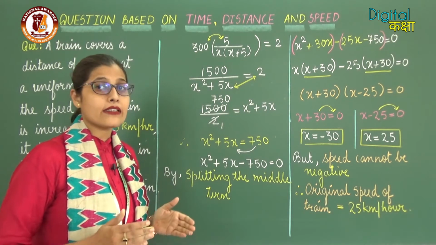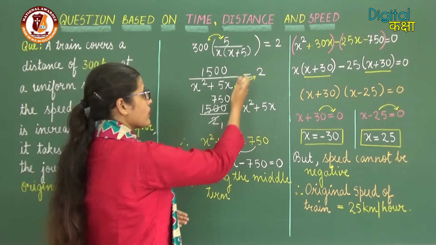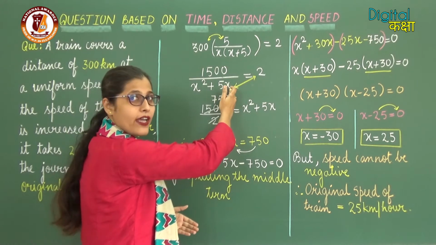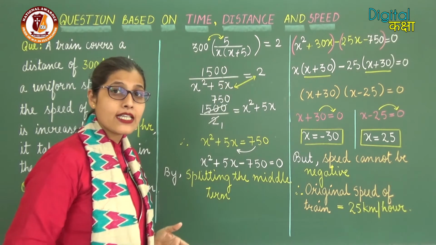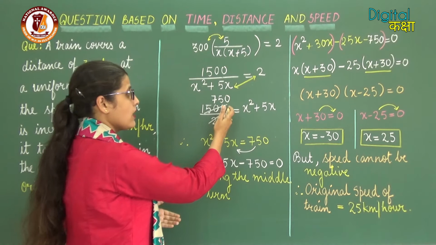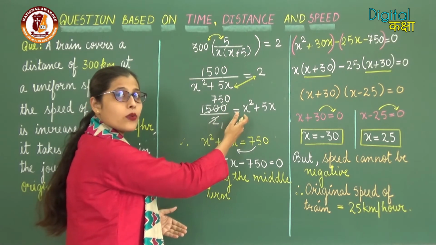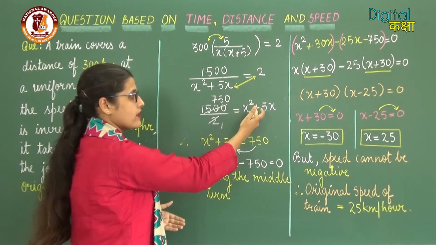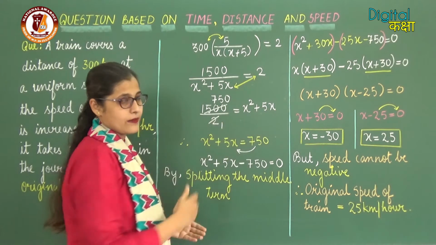Now, we will be interchanging 2 with x square plus 5x. We will be getting 1500 upon 2 equals x square plus 5x.